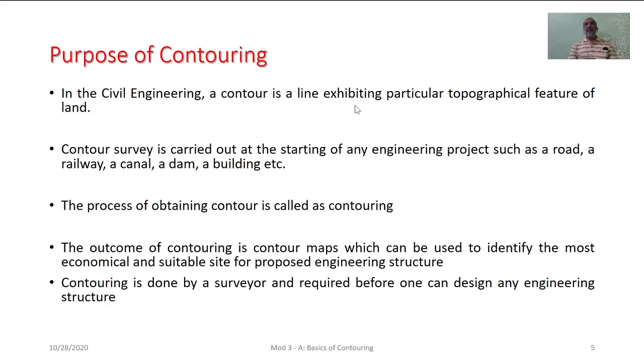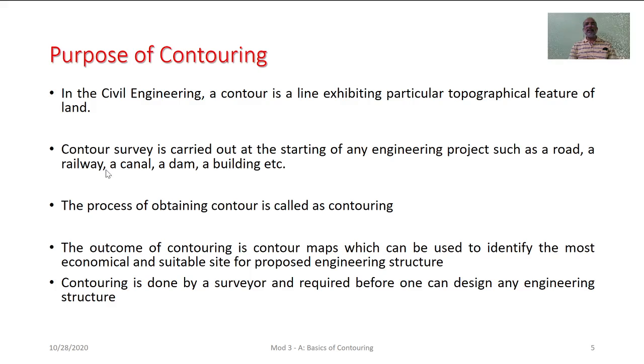In civil engineering, a contour line is exhibiting a particular topographical feature. So, before starting any engineering project, maybe road, railway, canal, dam, harbour, anything like that, we have to carry out this particular contour survey.